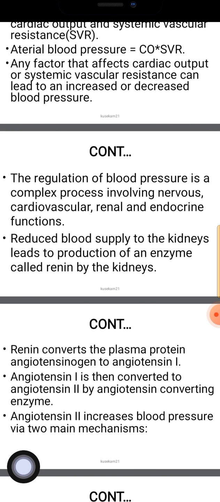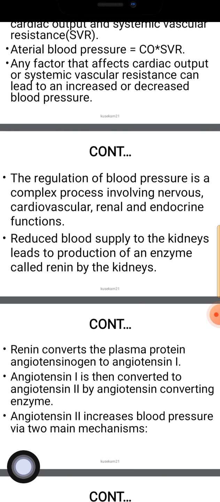For instance, if there is interference in cardiac output, it means the blood flowing in these vessels will be under high blood pressure, or maybe under low blood pressure.